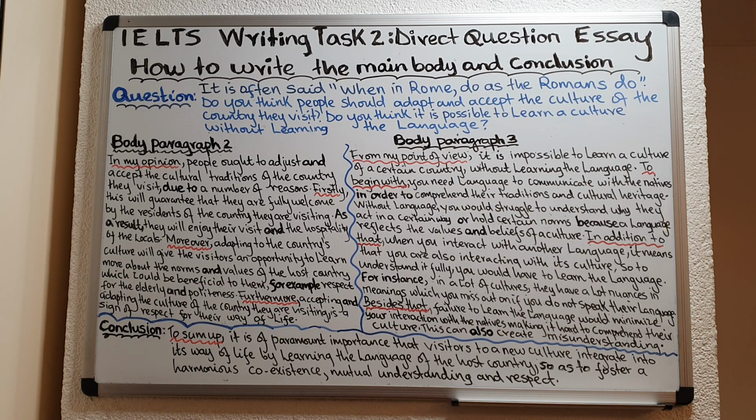I introduced each of those reasons using a linking word such as to begin with, in addition to that, besides that. And then I elaborated my points and I used linking words to help me to elaborate my points.